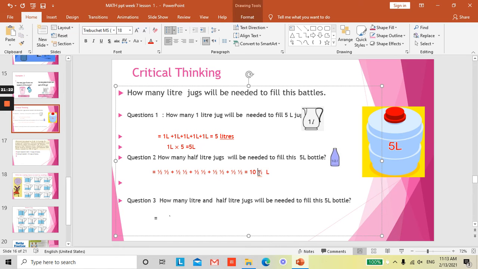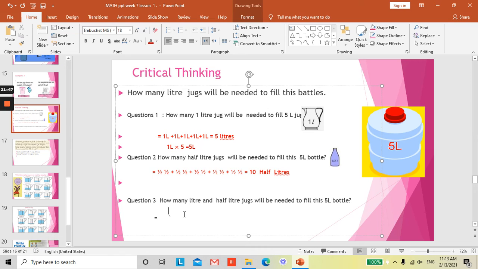Let me write in words so we cannot confuse: 10 half liters. Let's move to the last one.